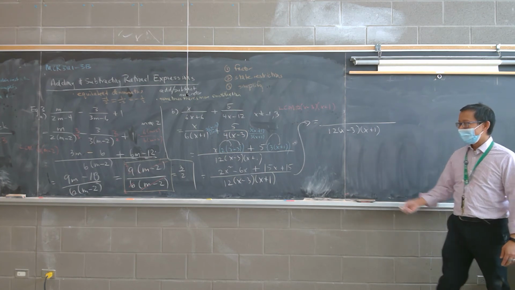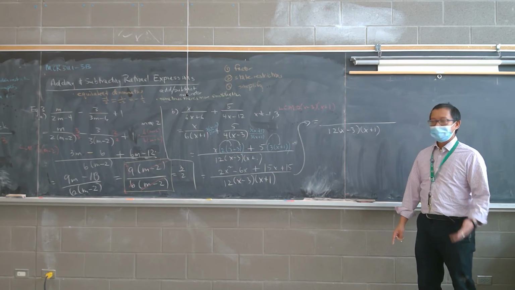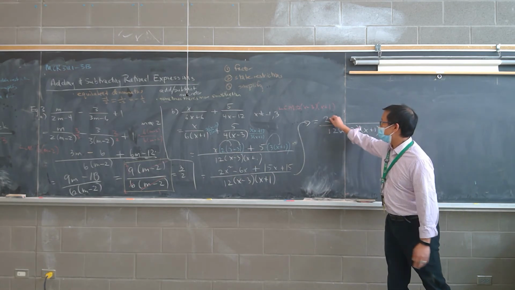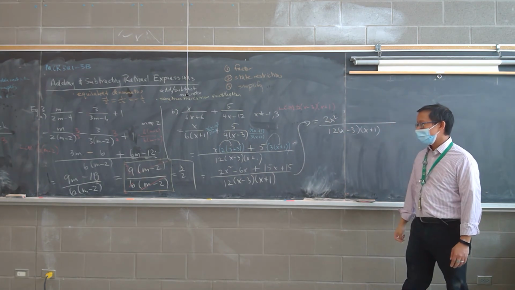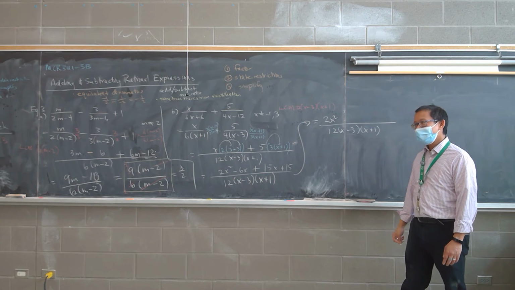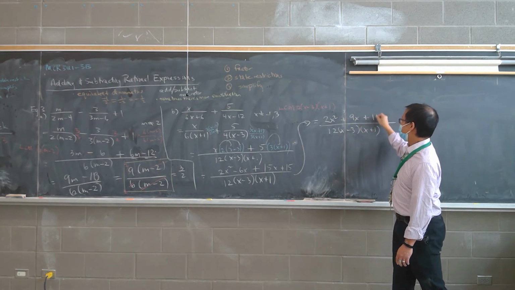Anyways, we're not done. I think a lot of you understand we have that 2x squared minus 6x plus 15x plus 15. I think a lot of you know what the strategy is. Collect the like terms. So 2x squared. What is that? 15 minus 6 is 9. 9x plus 15.